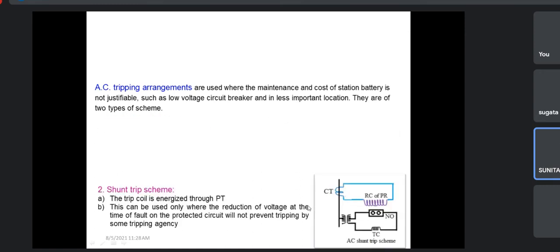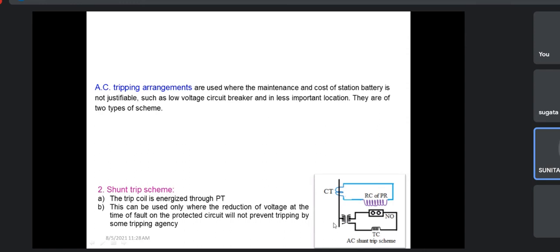The other, mostly used scheme is the shunt trip scheme, using the PT, from the system voltage. So from the PT, it is giving the supply to the circuit breaker trip coil through the NO contact of the relay. This is the same as the station battery. Instead of battery, here the system voltage is used.